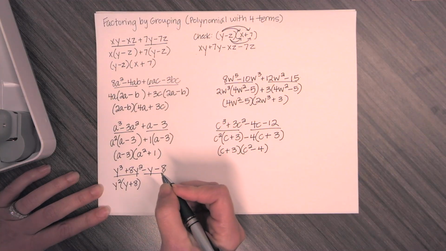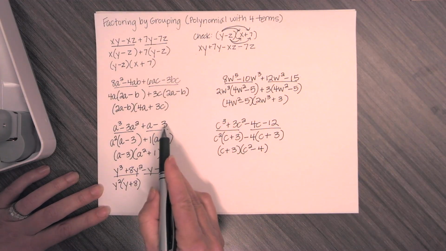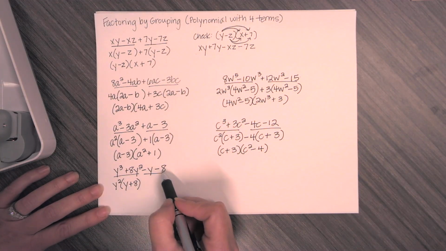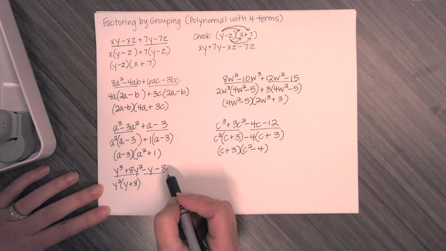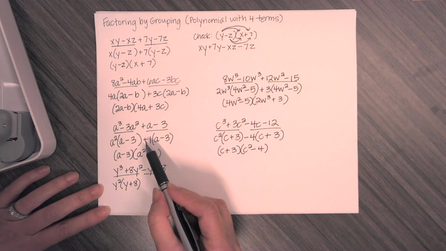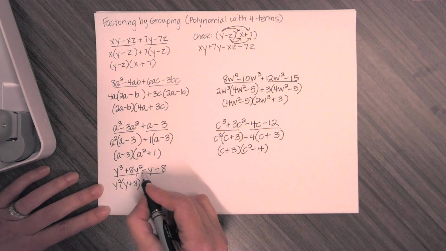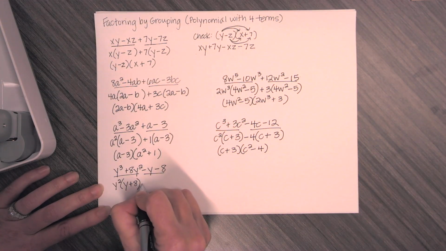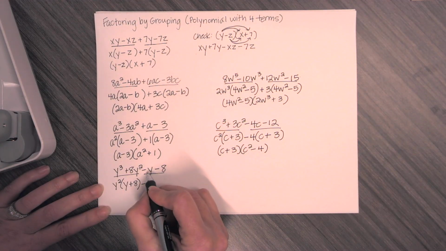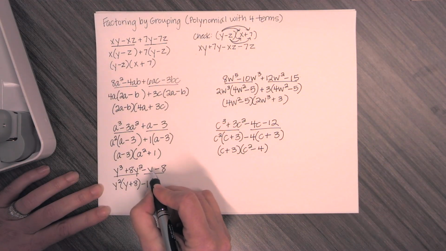Now in my second group, it is similar to the one that we did before. When we first look at it, we might think, oh, I don't have a greatest common factor for these, but I want you to remember that you can always factor out a 1 or a negative 1. In this case, we want to factor out a negative 1 because the first term is negative.